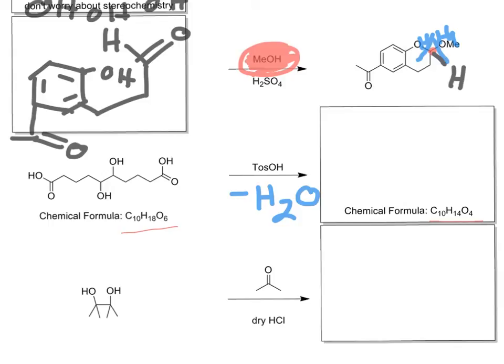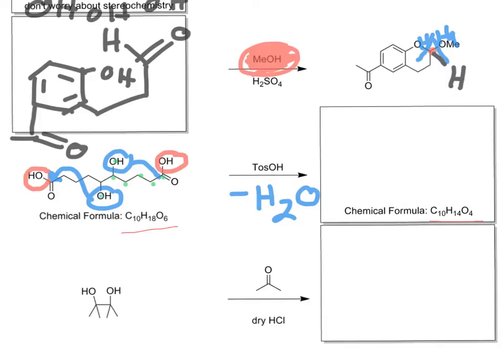All right, so this is going to be a double Fischer esterification. So this OH group is going to end up leaving. This OH group is going to end up leaving. And these OH groups are going to end up forming bonds with the carbonyl carbon. So here we have 1, 2, 3, 4, 5, 6 atoms that will be in a ring.